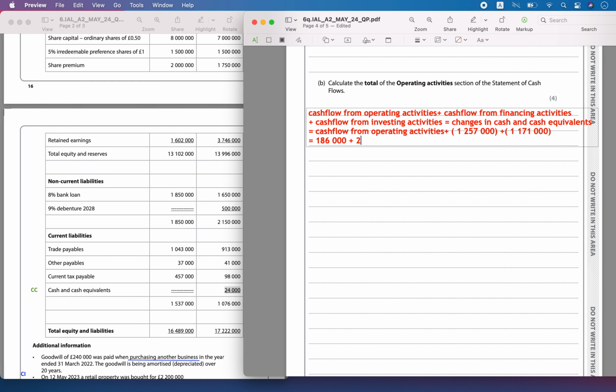So 86,000 plus 24,000, so that is equal to 210,000. This is a change that has happened.